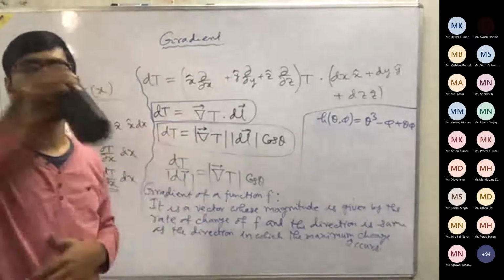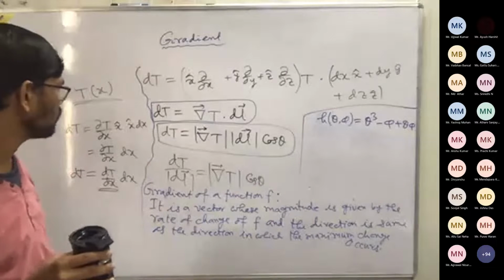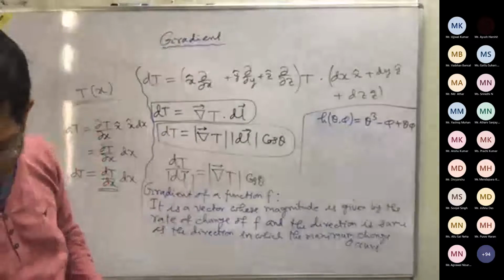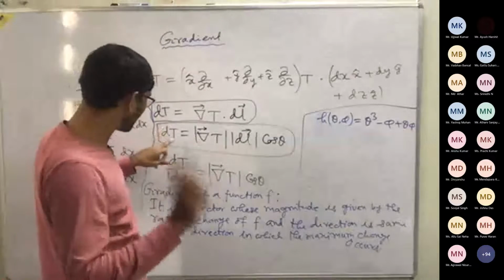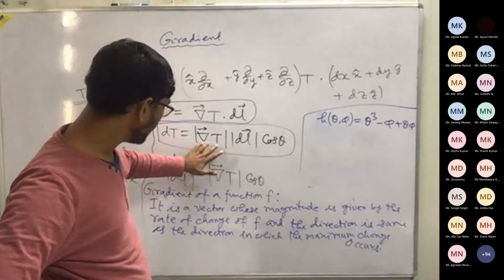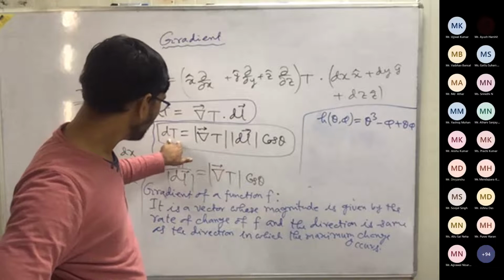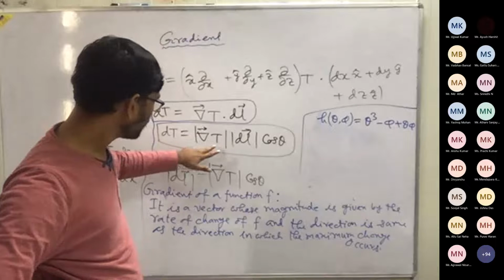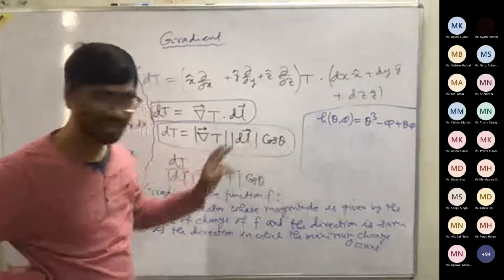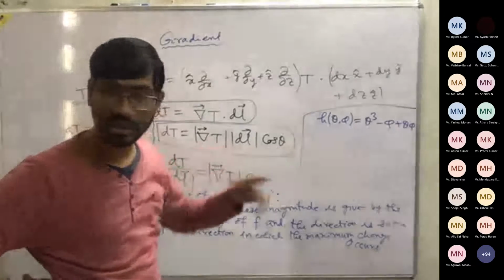Sir, I wanted to ask, is dT the magnitude of the gradient, or is dT by dl the magnitude of the gradient? The magnitude of the gradient is dT over dl, but this magnitude is along the direction where cos theta is 1.